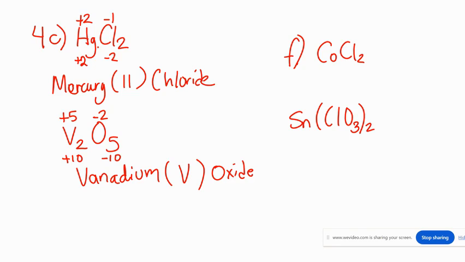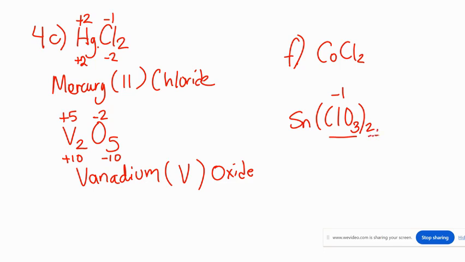Now the ClO3 one. ClO3 has one option for its oxidation number, and that is how much? It's my anion. Chlorate. -1. Yep, so this is a -1. I have 2 of them.